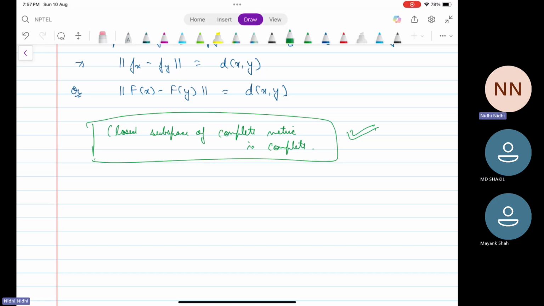Let V be a normed vector space and CS(V) denote the collection of all Cauchy sequences in V. We define an equivalence relation on CS(V) as follows: (xn) is related to (yn) if and only if the sequence xn minus yn converges to 0. That this is an equivalence relation is an easy check. We define the completion of V to be the set V-bar. So what you are saying is, for this class CS(V), first we need that it is non-empty, no?